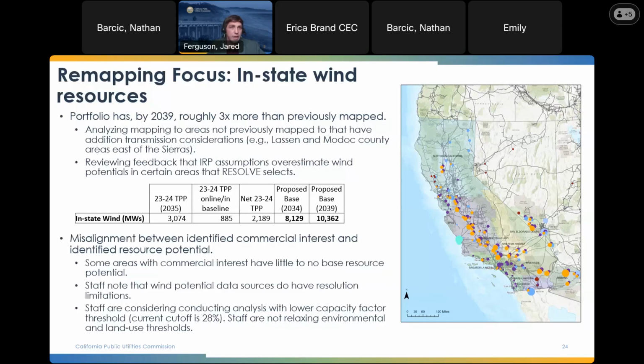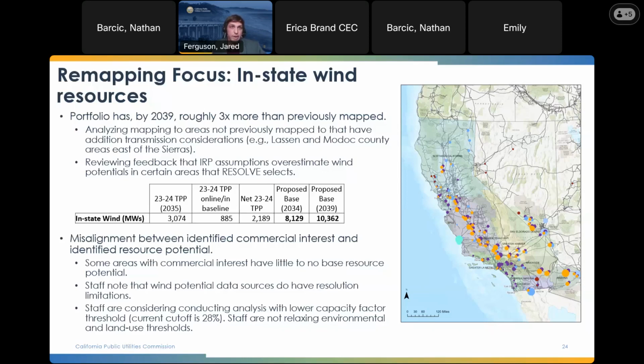An additional note with the mapping of this in-state wind is that in our criteria analysis, we've been noticing substation areas where we have identified commercial interest, but we see little to no base resource potential for onshore wind. We know our wind resource potential base layer has some resolution limitations, so we are considering a lower capacity factor threshold.